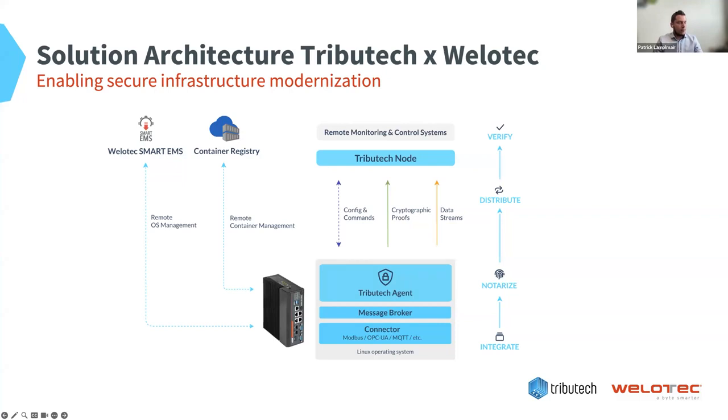And together, this really provides a holistic solution for secure data integration. Also, Welotec has many additional security features that complement Tributech very well, like they have a hardware security module integrated, they have an integrated firewall, so it fits very well together.